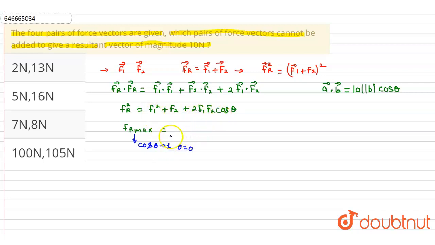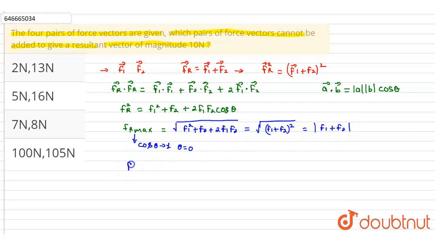That's why the maximum value of resultant force is under root F1 square plus F2 square plus 2 F1 F2, which is equal to under root (F1 plus F2) whole square. So it is equal to mod of F1 plus F2.